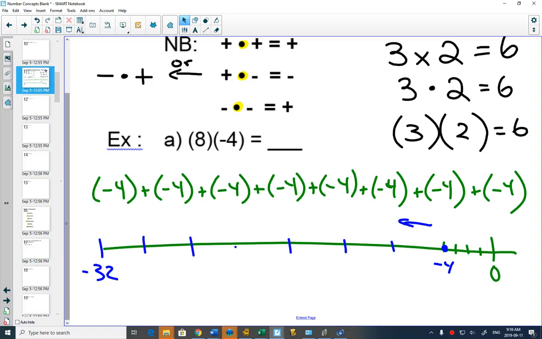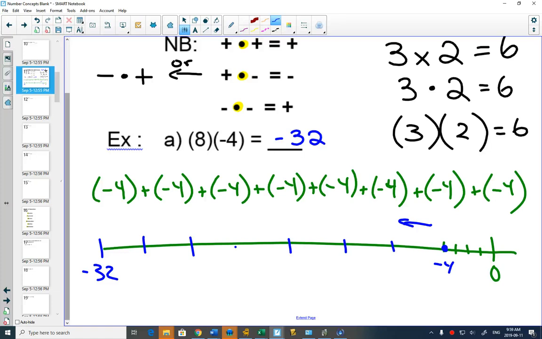And again, this is where we really have to practice our multiplication table all the way through so that we know it as best as possible. If I know that 8 times 4 is 32, and I know that a positive times a negative is going to be negative, I can just write my answer is going to be negative 32.